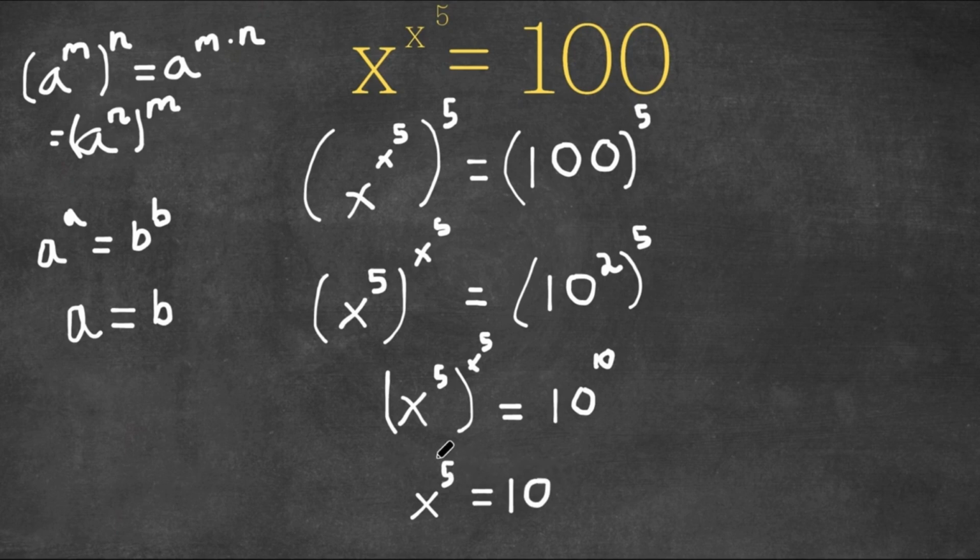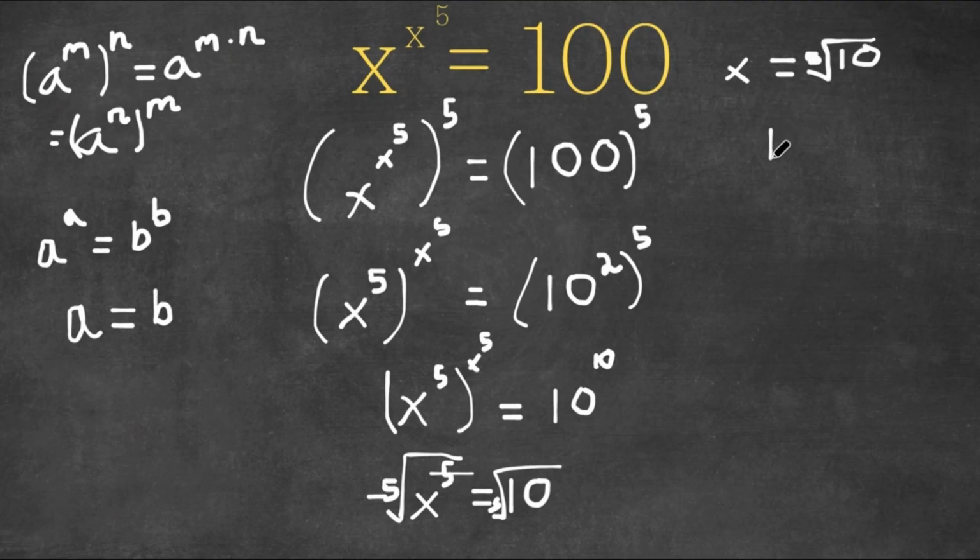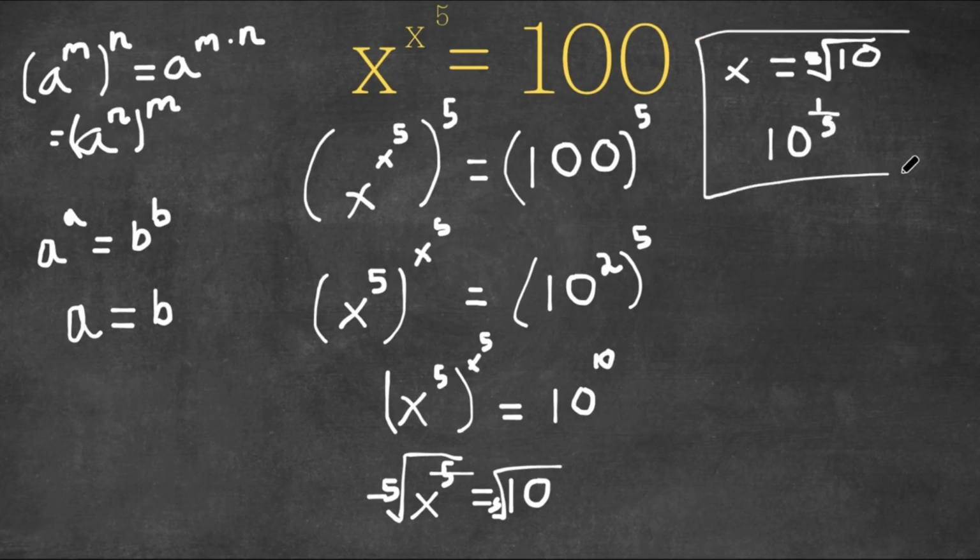Now we want to cancel out this fifth power, so I'm going to take the fifth root on both sides, and these two cancel out. I would be left with x is equal to the fifth root of 10, and this can also be written as 10 to the power of 1 over 5. So this would be our answer.